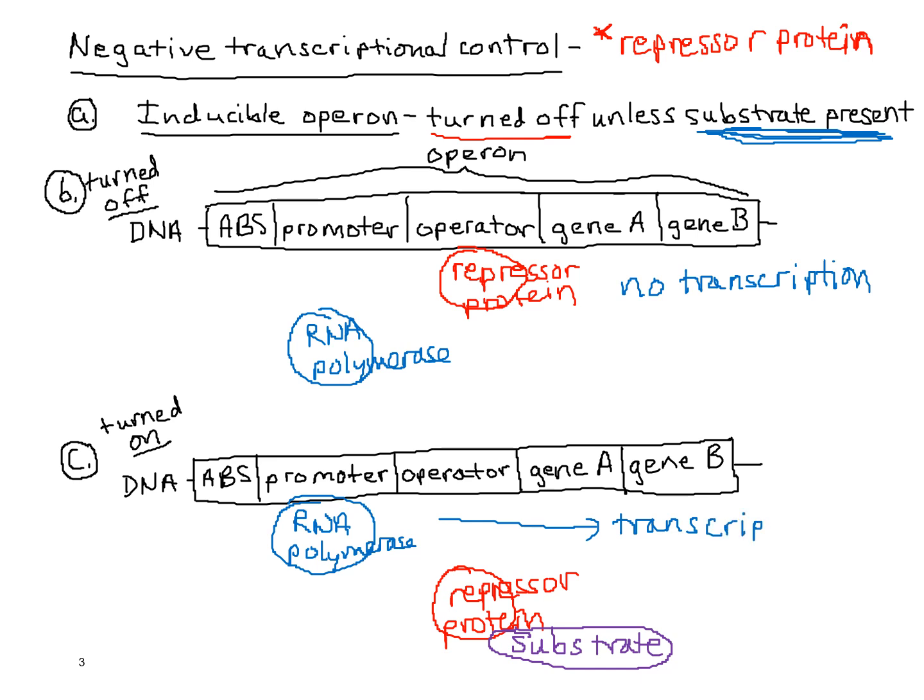Then the mRNA will get translated, and we'll make those proteins, and our operon is turned on. Okay, so that is negative transcriptional control of an inducible operon.